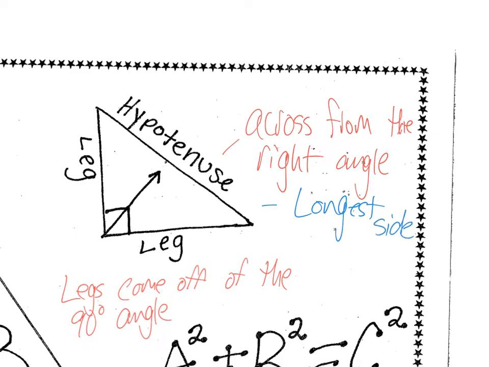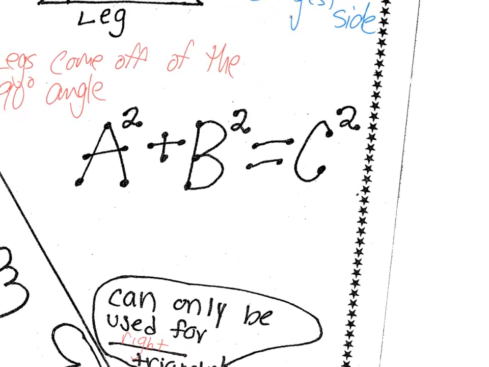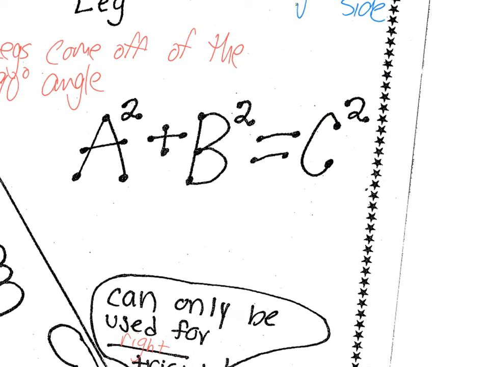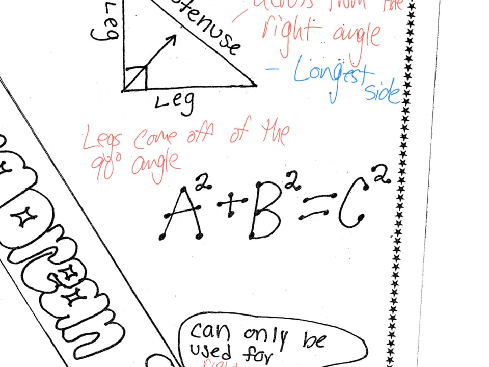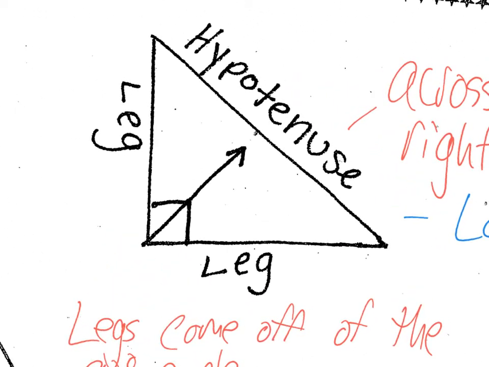So when we're looking at this, the theorem that Pythagoras came up with was a squared plus b squared equals c squared. So a, b, and c, we're like, what? I don't see those anywhere. But when we look at this right triangle, there are three parts. We're going to call one leg a, one leg b. The hypotenuse will always be c. Either a or b can be interchanged.